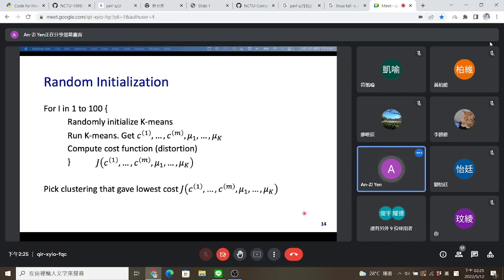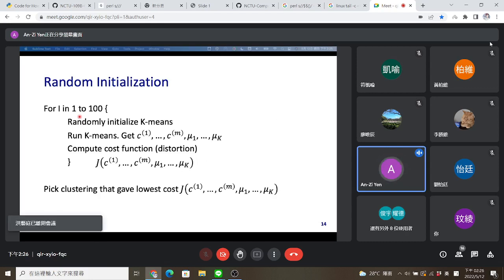And it means that if we run k-means with a small number of clusters, say the number of clusters is from 2 to maybe 10, then doing multiple random initialization can make sure that we find a better local optima, and a better clustering of the data.